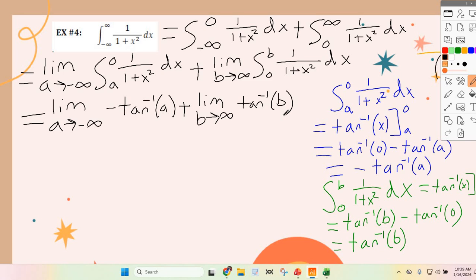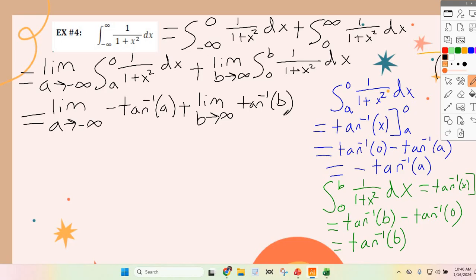But because I'm plugging into an inverse function, I'm technically looking for the x value at which tangent inverse gets closer and closer to negative infinity, or shoots off towards negative infinity. Are we with me there? So again, because it's an inverse function, we have to think about it backwards.